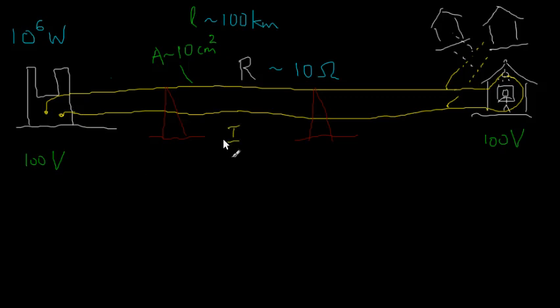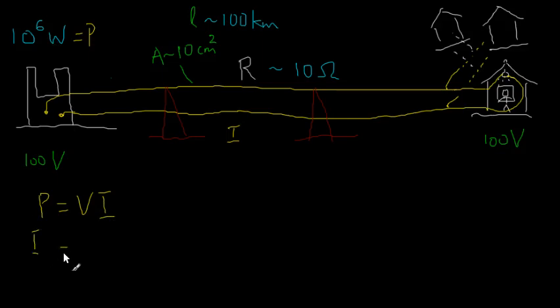Now to find the current from the power, I can use this equation. P is equal to VI. So the voltage supply here is the V, and the current is what I want to find, and the P we know is 1 million watts.